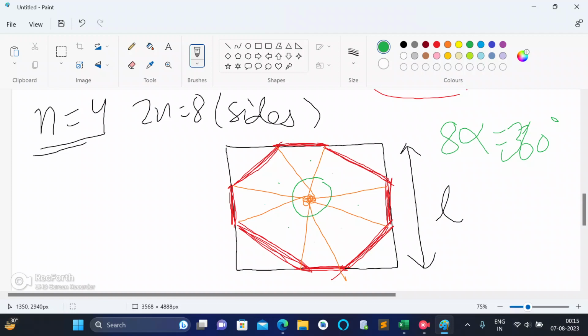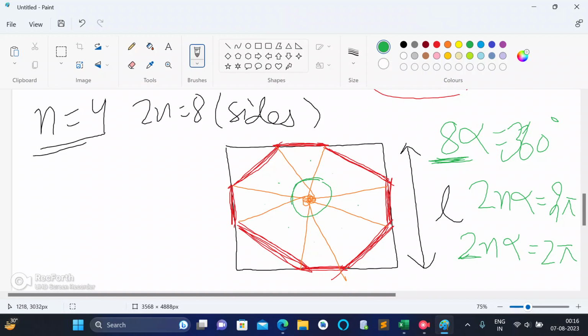Because this whole complete circle will be of 360 degree. So the sum of all the alphas would be equal to 360 degree. Or I can say 8 alpha is equal to 360 degree, and I know 8 is the number of sides, that is 2n. So 2n alpha is equal to 360 degree, and I can write 360 degree as 2 pi. So from here I can say 2n alpha is equal to 2 pi.